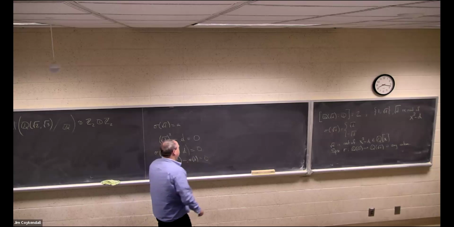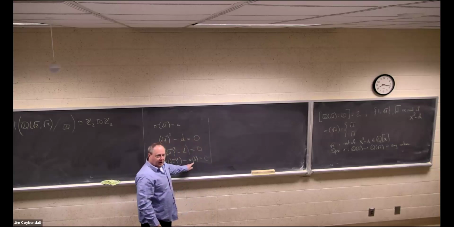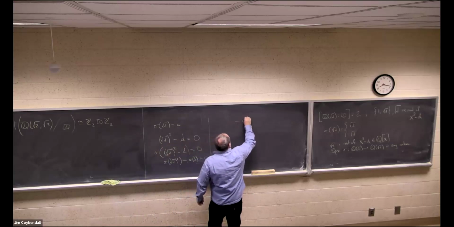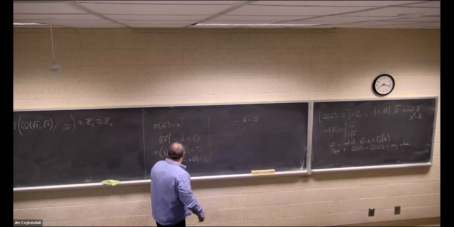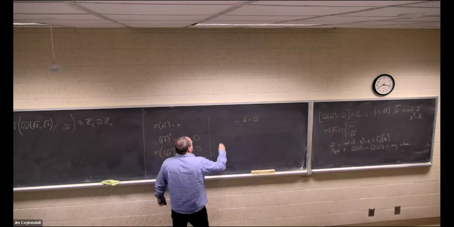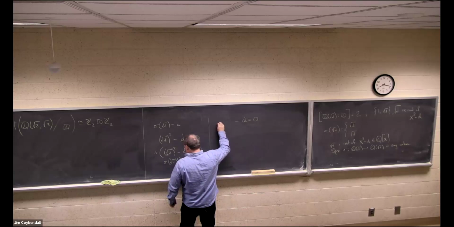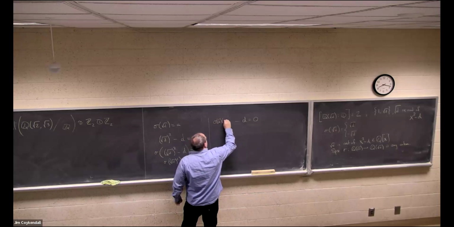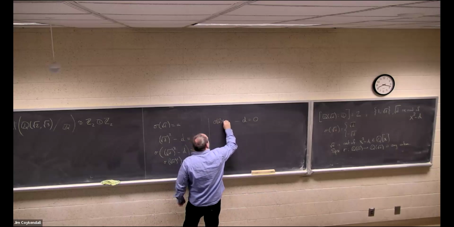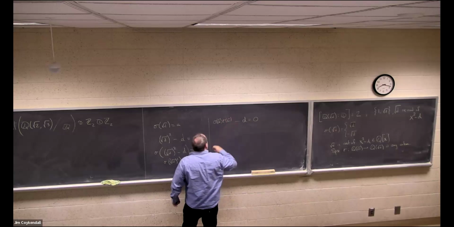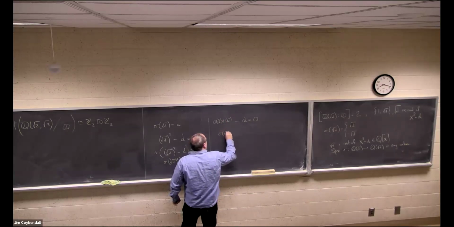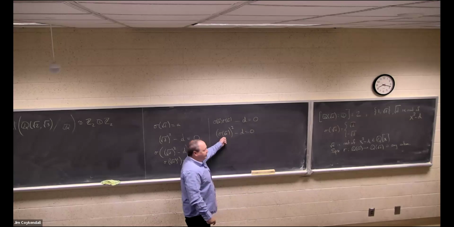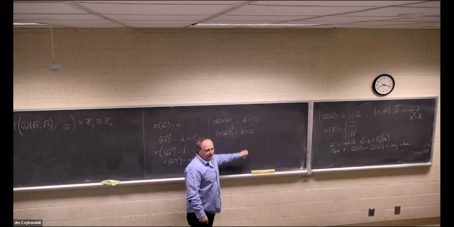Now sigma fixes D, because sigma is an automorphism that fixes the base field, and D is in Q. Because this is an automorphism, this is sigma of radical D squared minus D. So wherever sigma sends radical D has to also be a root of that same equation.